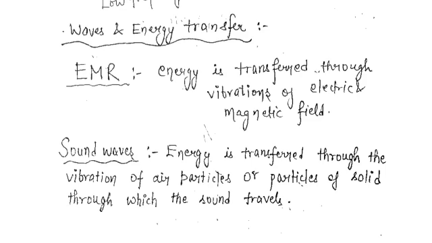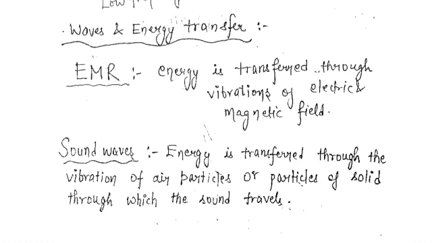So in electromagnetic radiation, the energy is transferred via the electric and magnetic field, while if we look at sound waves, the energy is transferred through vibration of the particles of the medium where the sound wave is propagating.